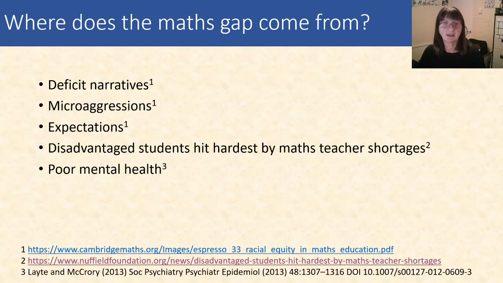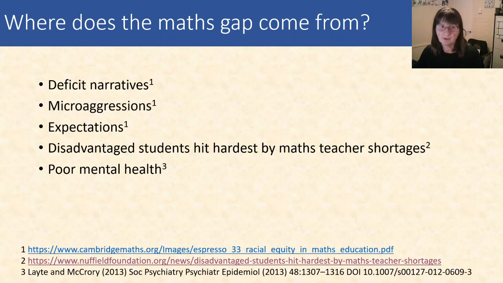So where does the maths gap come from? There's a lot of aspects to this maths gap, and it arises for a lot of different reasons. The first reference there I think is a really nice, very concise review of some of the key points around racial equity in maths education. But just to take a few examples, there's the issue of deficit narratives around particularly black students and their alleged inability to do maths, which is unjustified.